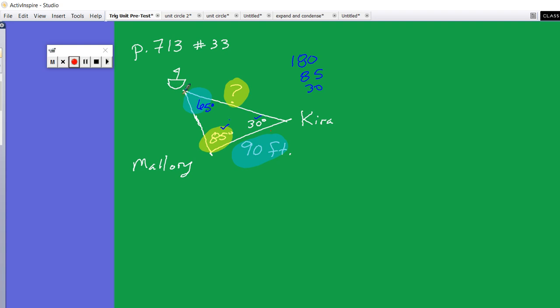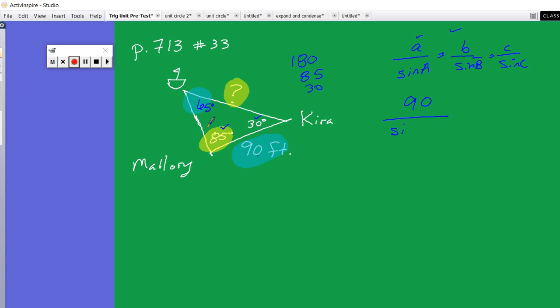Now I have a pair of information, and I can use the law of sines. So a over sine A equals b over sine B, which equals c over sine C. All you need is two of them, so I have two pairs of information that I'm looking at. So little a we're going to call 90. Capital A, the angle, is 65 degrees.